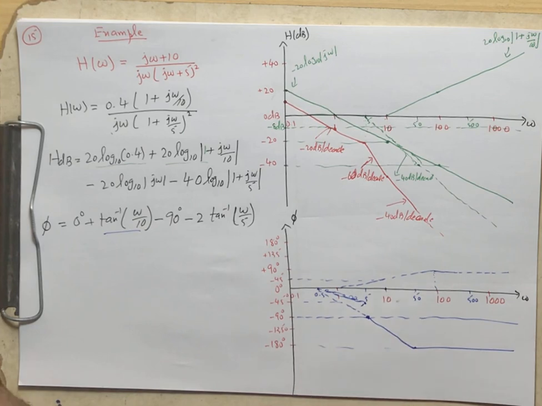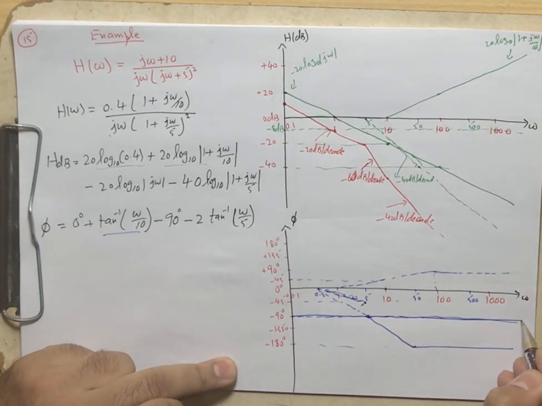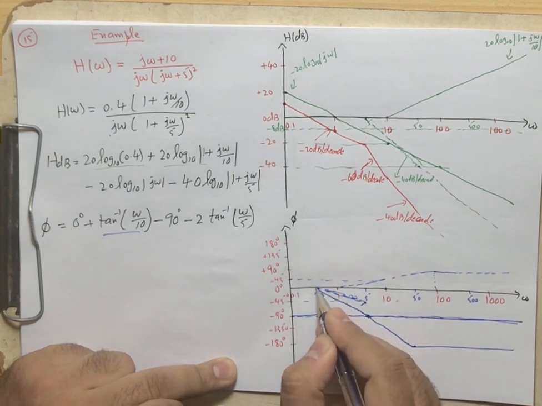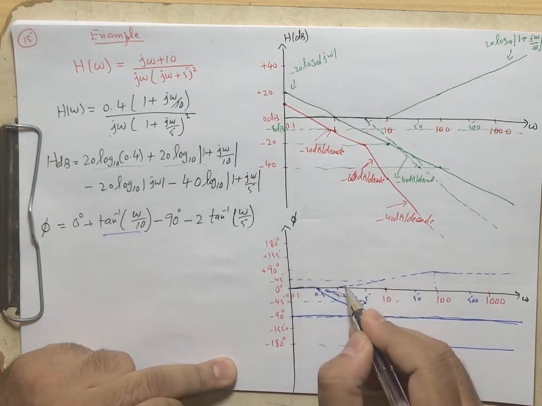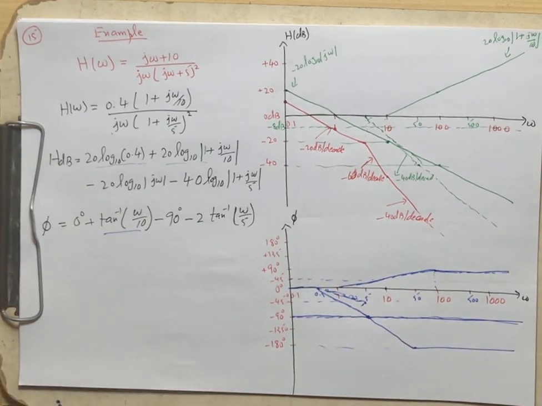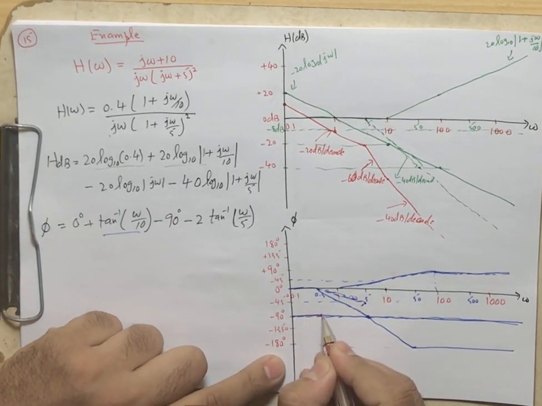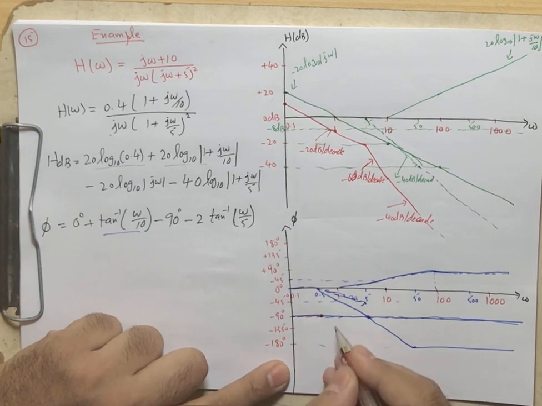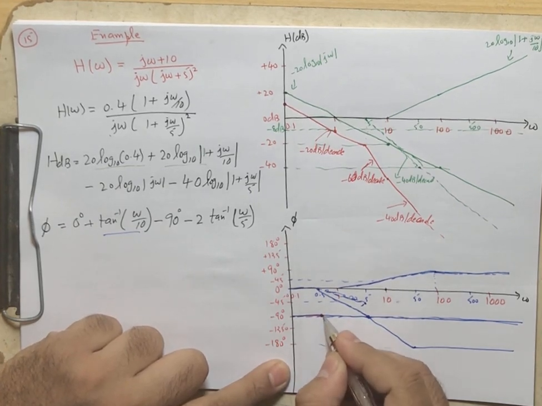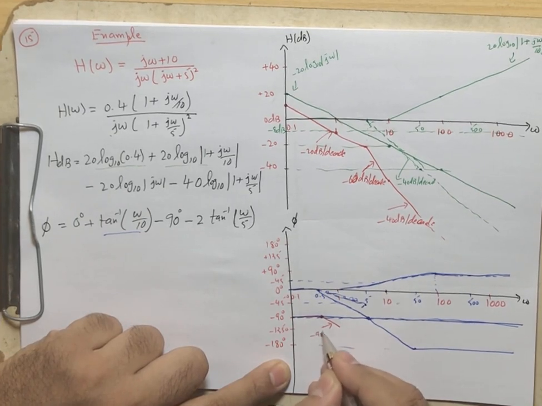So one is this straight line, the other one is this one, and the third one is this one. So you are going to add these 3. It will start from minus 90 until 0.5, and then it will decrease from 0.5 till 1 at a rate of minus 90 degree per decade.